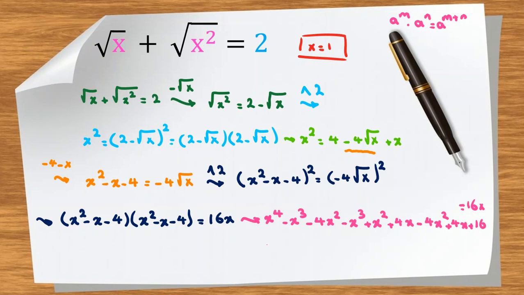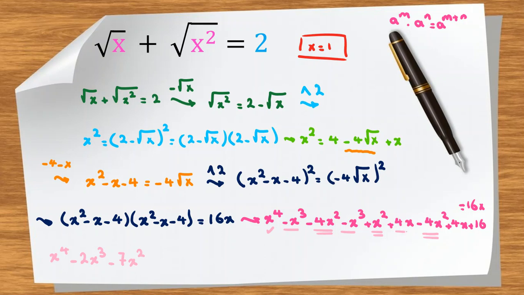So if we want to simplify, we have x to the 4, 1x to the 4. For x cubed, we have negative x cubed, negative 2x cubed. And then for x squared, negative 4 plus x squared, negative 4, negative 8x squared, and then plus x squared, negative 7x squared.